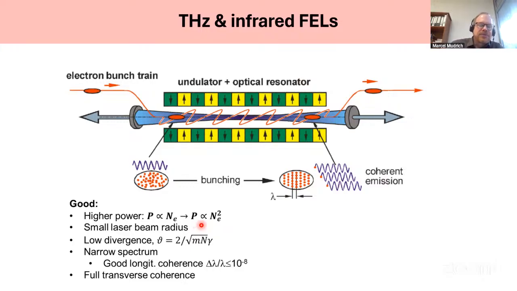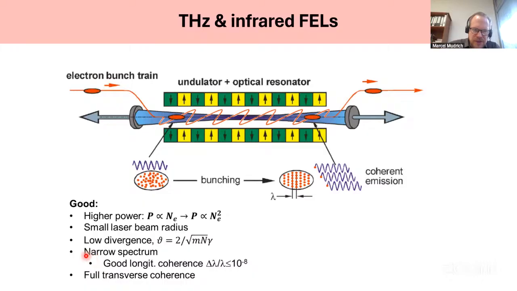Compared to regular synchrotron undulator radiation, the beam here is better controlled and has a smaller divergence and also a smaller beam radius given by the resonator, and the quality of the resonator, which can be very high. So we can control the beam parameters better than, let's say, the spontaneously emitted undulator radiation.